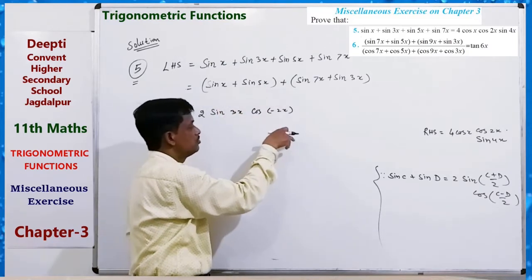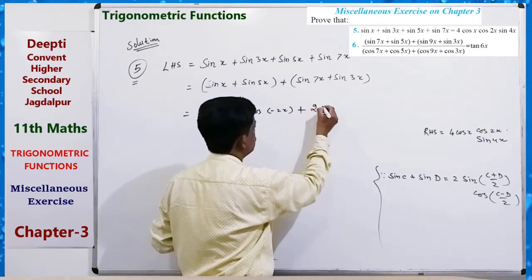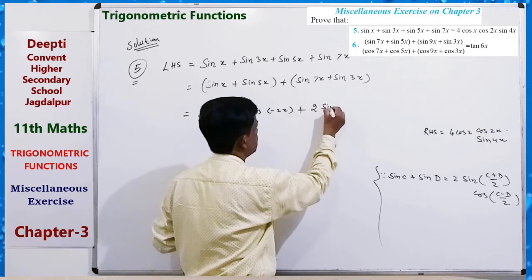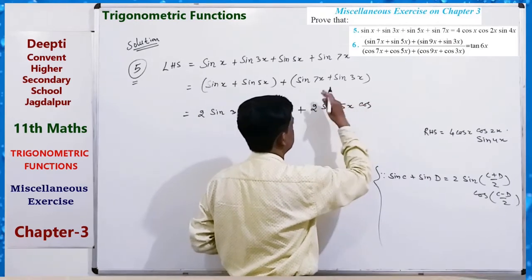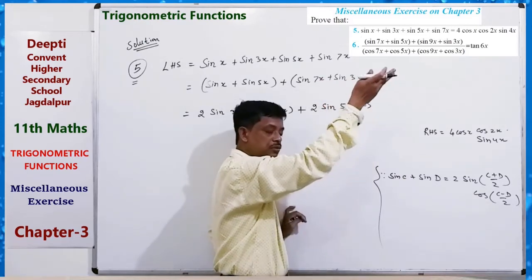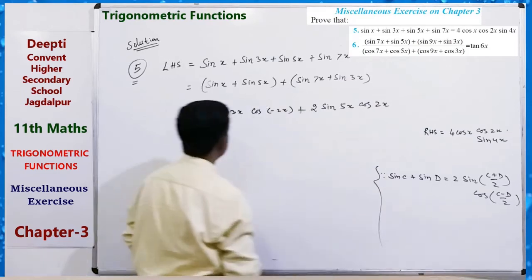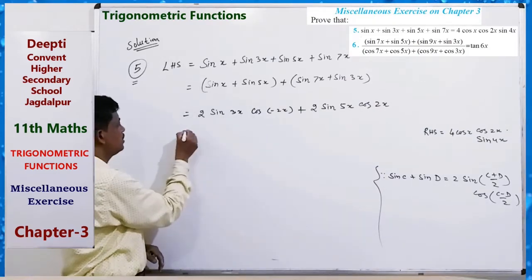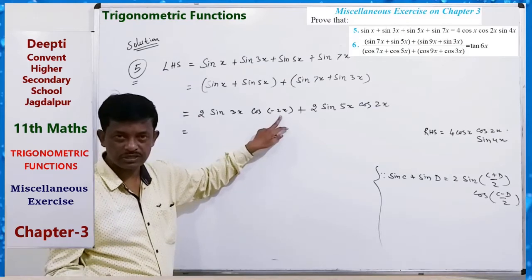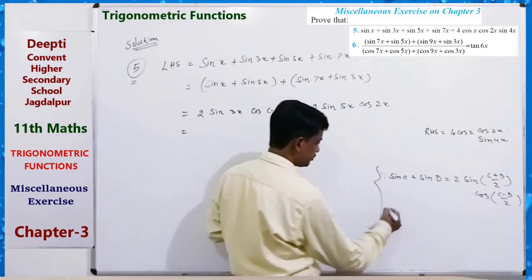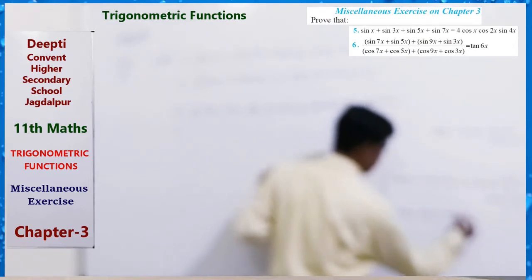Plus 2 sin 5x, since 10x by 2 is 5x, and cos of (7x minus 3x) by 2, which is cos 2x. Here we know cos minus 2x, cos minus a equals what? Cos a.